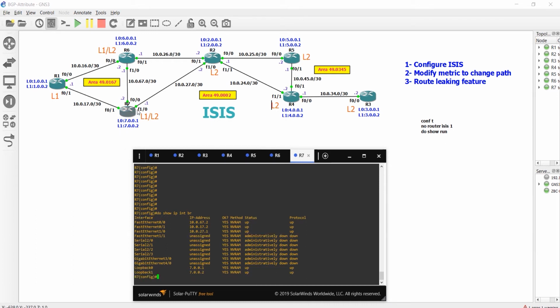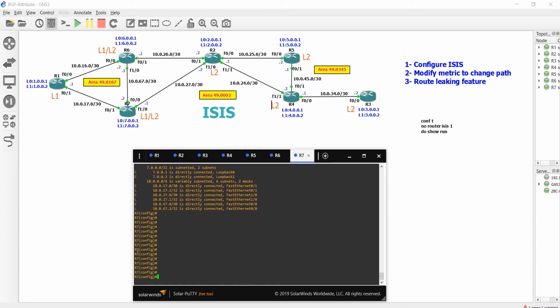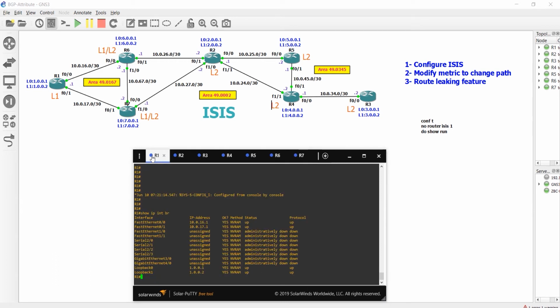Yes, it has 3 interfaces and 2 loopback interfaces. Okay, and do show ip route. I want to be sure that there is no ISIS or another routing protocol, because you can see only connected and local routes here, and there is no routing protocol here.